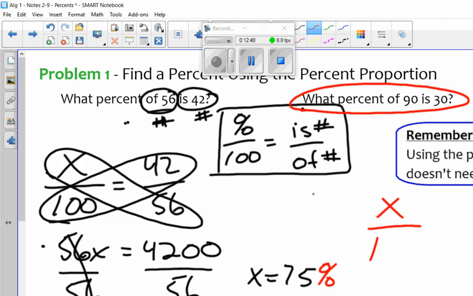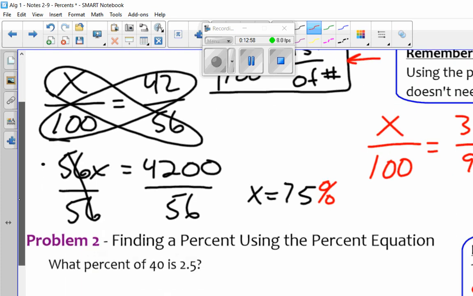It's still over 100. I have an of number and an is number: my is is 30 and my of is 90. It's very important that you put them in the correct place. You need to stick with the order of that fraction. Now I've got a proportion, so I do my cross products.